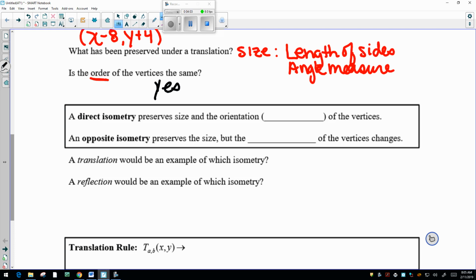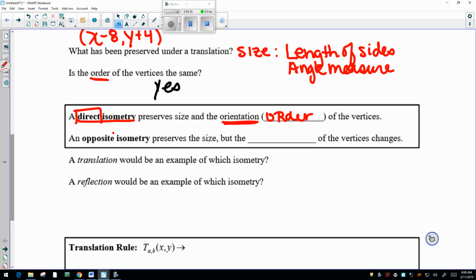Okay. So what we have just found is what's called a direct isometry. Isometry and rigid motion are pretty much the same thing, meaning they preserve the size and the shape. But because it's a direct isometry, and this is the difference, it preserves the orientation or the order of the vertices, kind of like what we saw above.